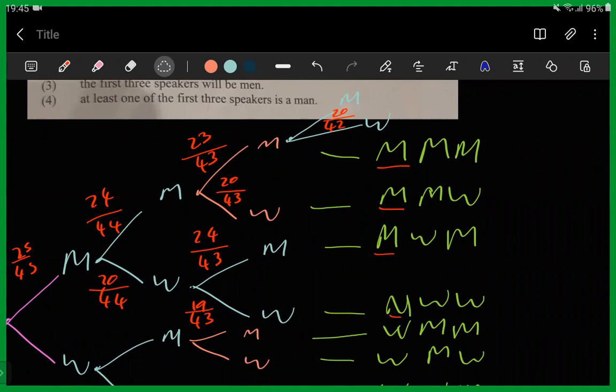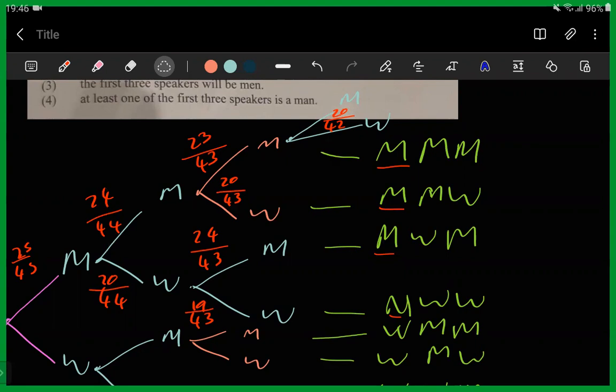Is it because it's going to become 43 instead of 44? No, all the women are there because this is saying you chose a man, so all the women are still there. That's why if you were to choose a man here and choose a woman here, the chance of choosing a woman is 20 out of 44. Because all the 20 women are there, but there's only 44 people involved. Here, 24 men are left out of a total of 44 people.